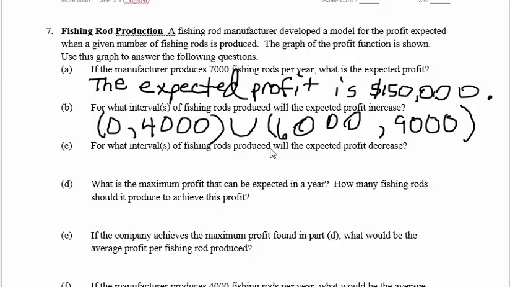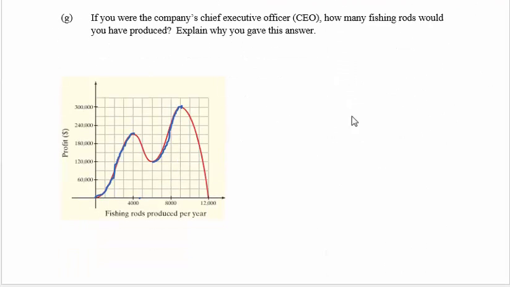So I unite these two intervals. And notice how it's the x values that determine the endpoints of the interval. Whenever I'm doing intervals of increase and decrease, I won't be including my endpoints, so I'll always be using parentheses.